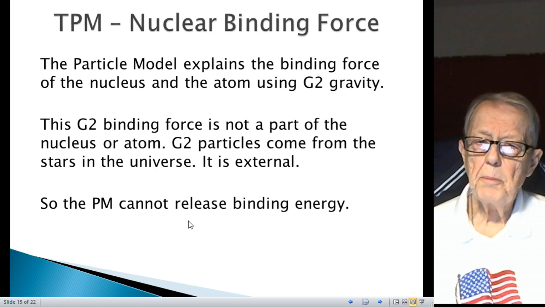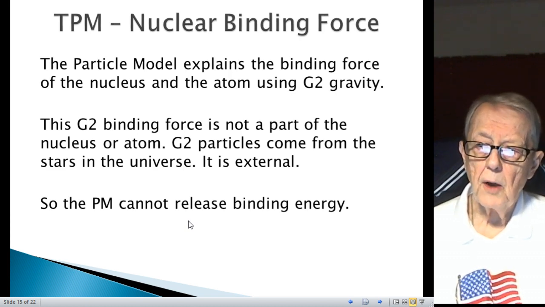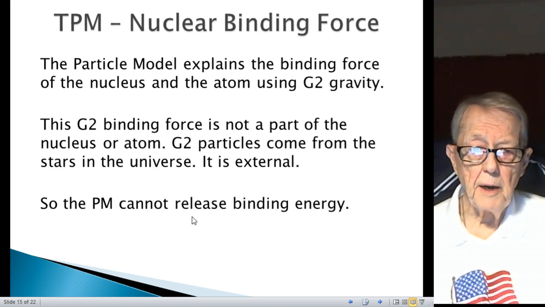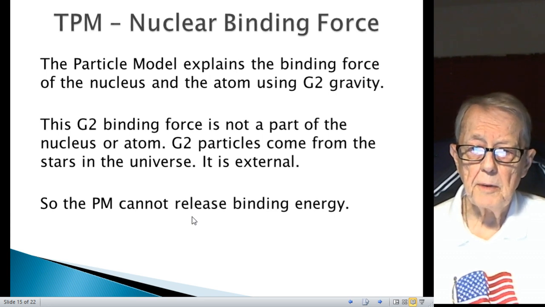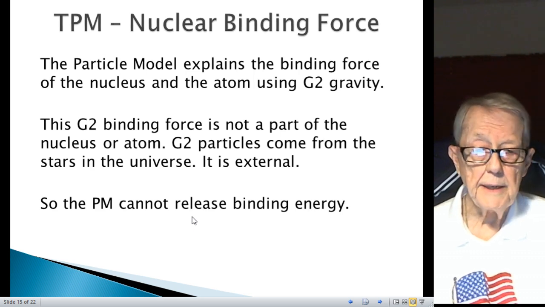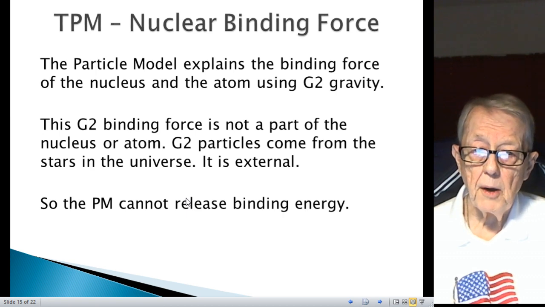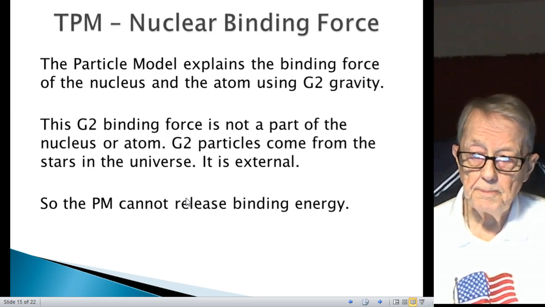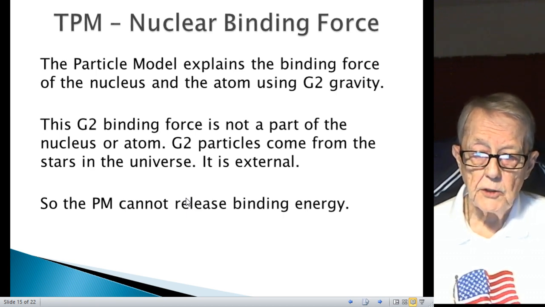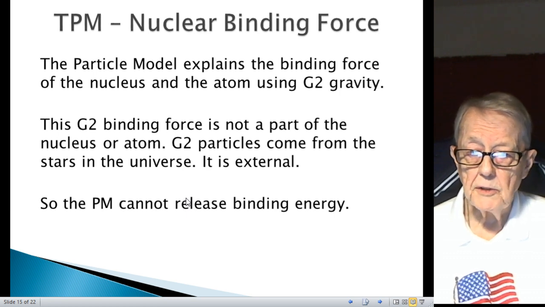Okay, well, in the particle model, I've talked about this before, the nuclear binding force. The particle model explains the binding force of the nucleus and the atom using G2 gravity. That's our explanation. The G2 binding force is not part of the nucleus or atom. The G2 particles come from all the stars of the universe.